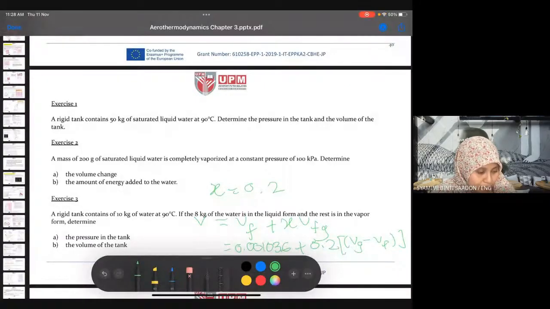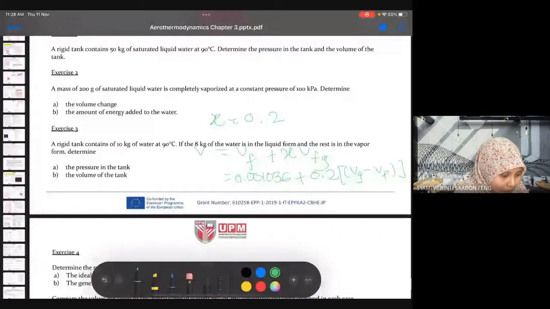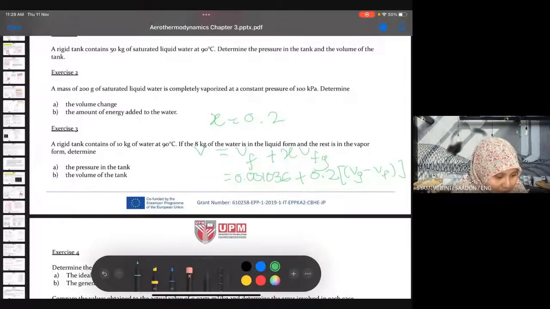We get the average volume of the water tank, and multiply back with the mass, 10 kilogram. So here you will get 0.473 meter cube per kilogram. Not yet finished, because the specific volume, remember, is in per kilogram. So you have to multiply with 10 kilogram.